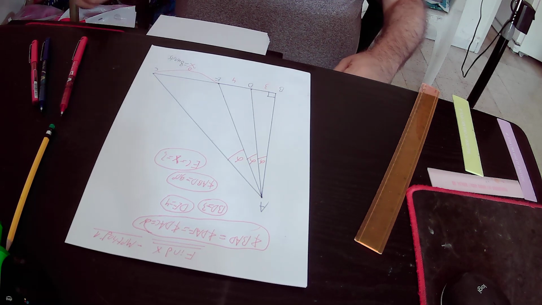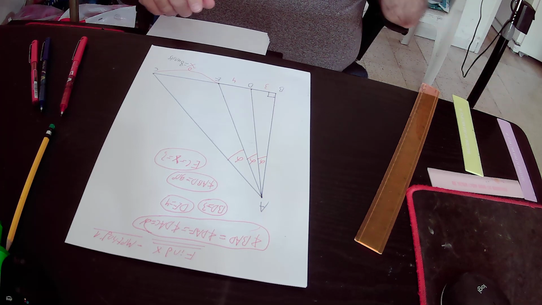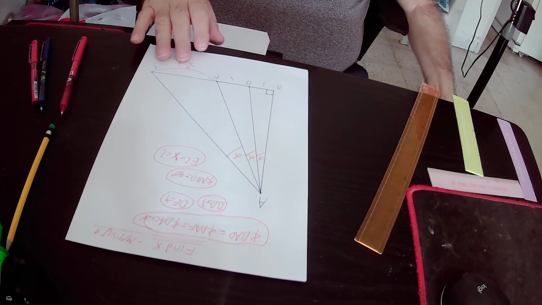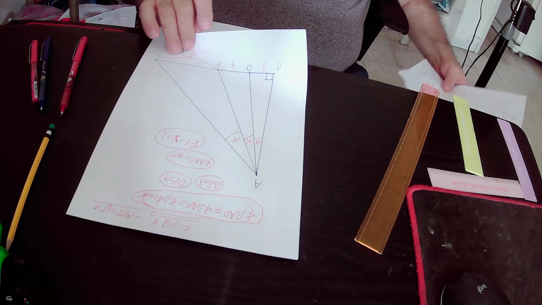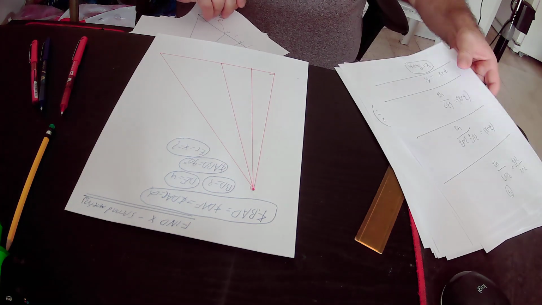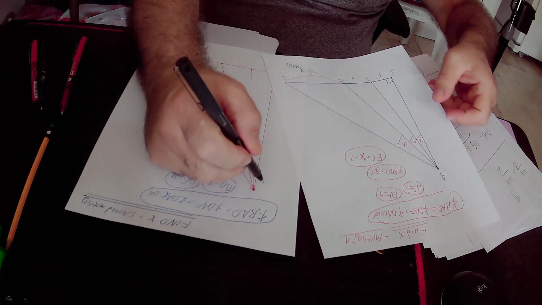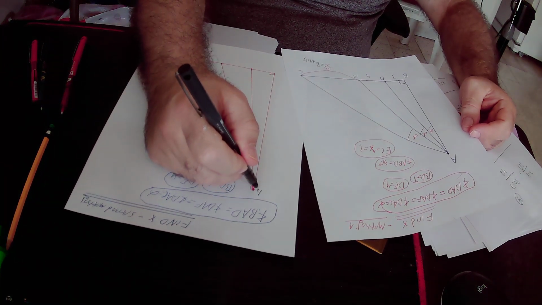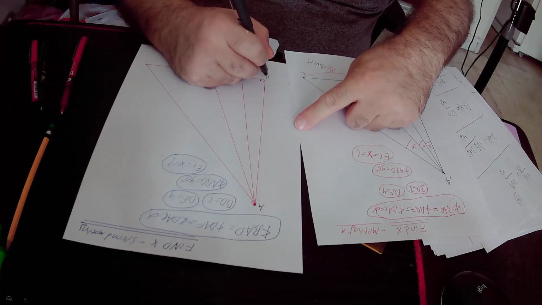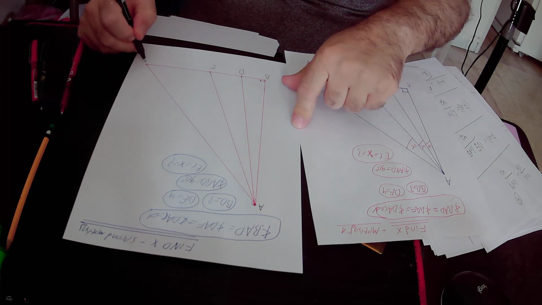Okay, so we finished with the first method to find out the value of x. So in the next step I will present to you a second method to find out the value of x.